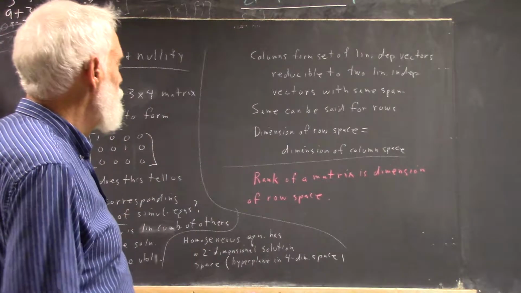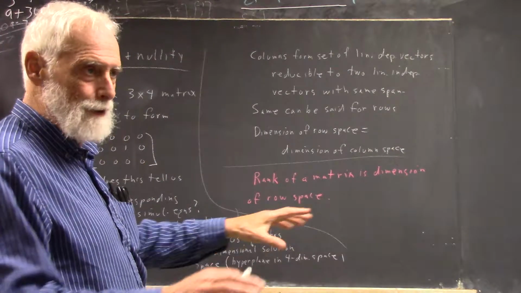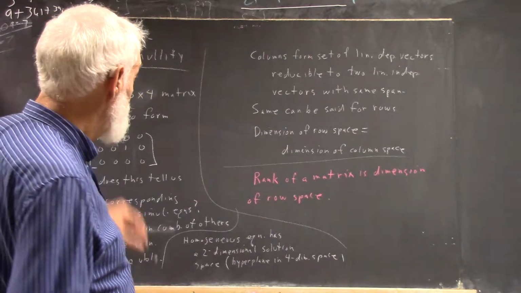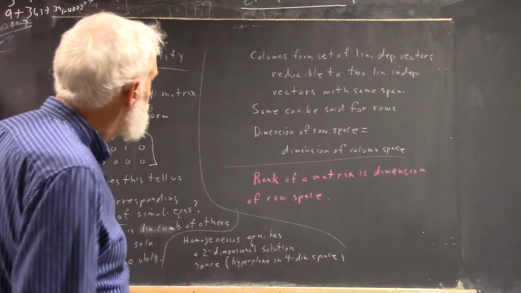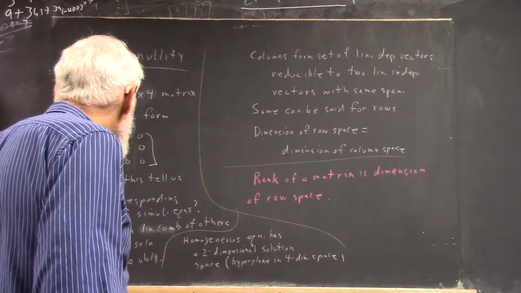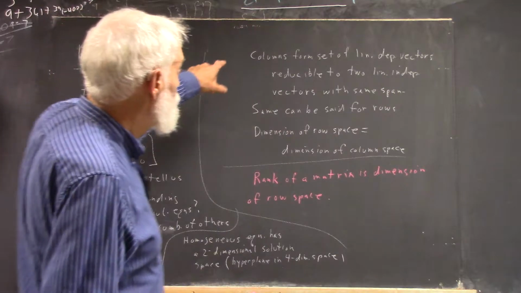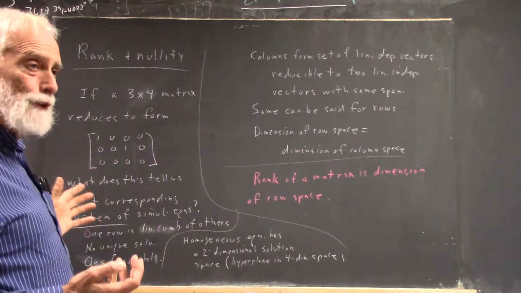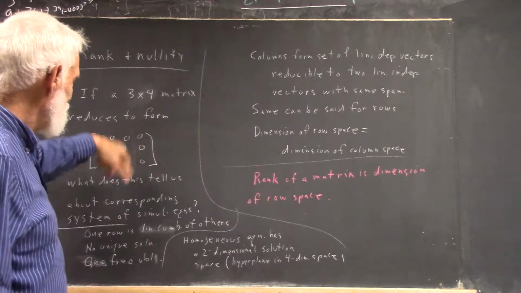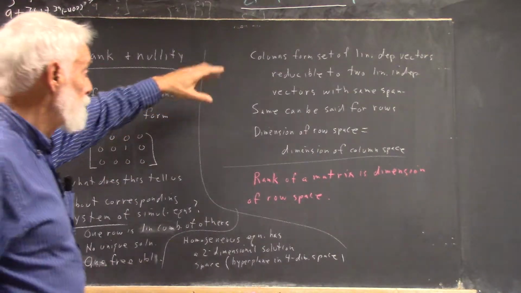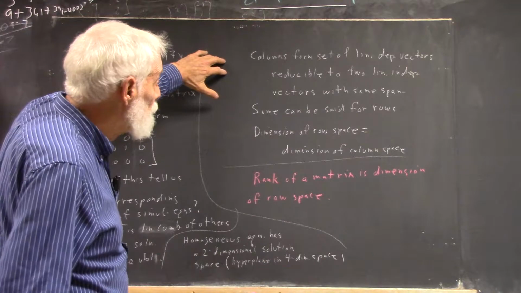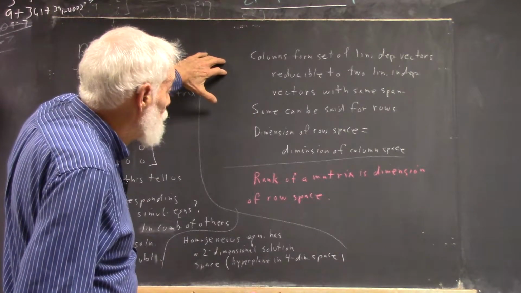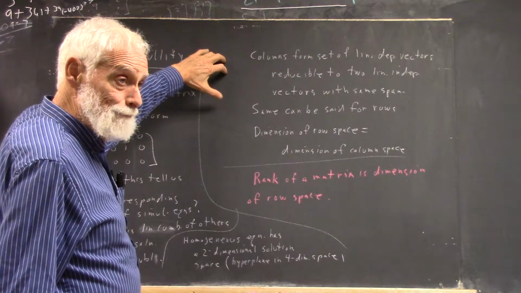Now, what we're really getting at, and of course the section in the text will pull all this out nicely, is the columns of the original matrix, because I was really trying to talk about two things at once, which is why I mixed it up with the augmented matrix representing the system. But the columns of the matrix form a set of linearly dependent vectors.